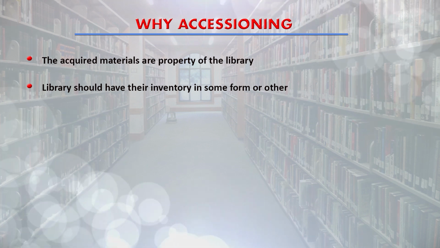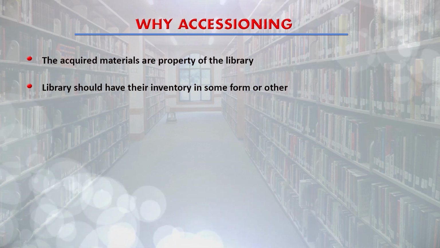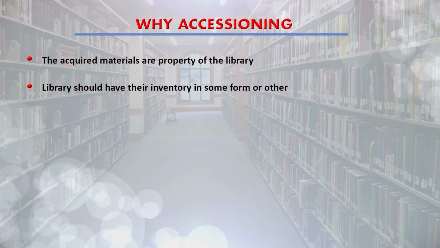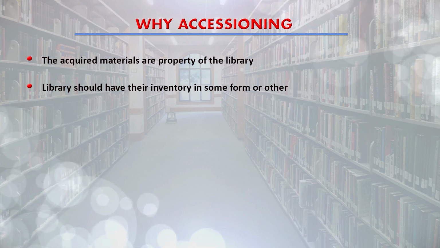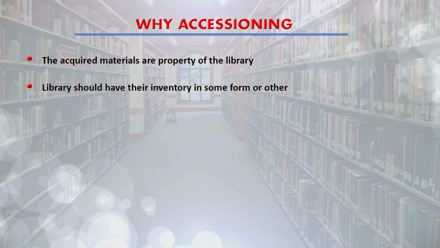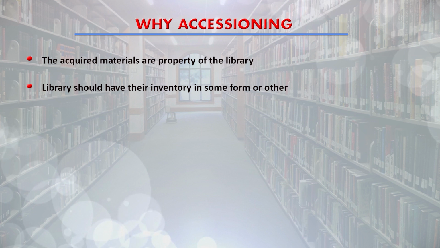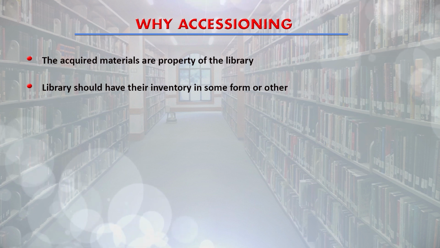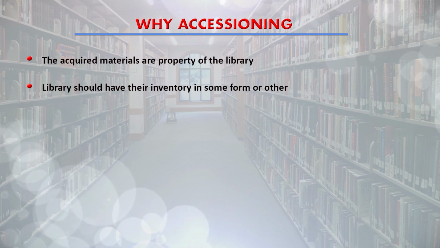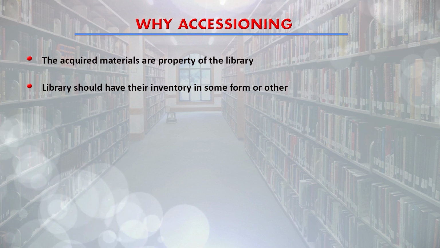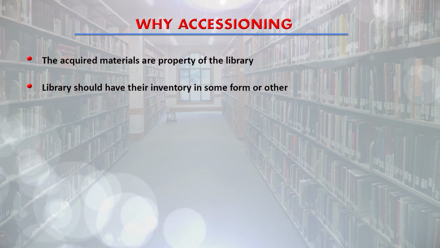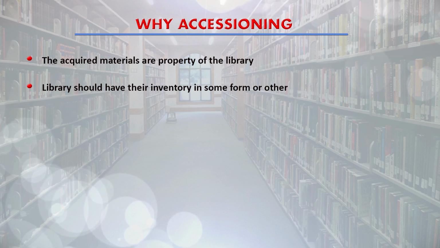The library should have its inventory in some form or other. So these records actually give ownership of all those documents. It could be book material, it could be non-book material, printed, electronic material, whatever you say. So it should have that particular ownership. Accessioning gives ownership of this material to libraries.